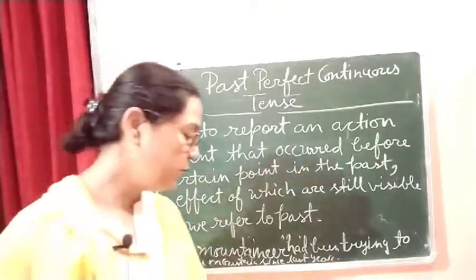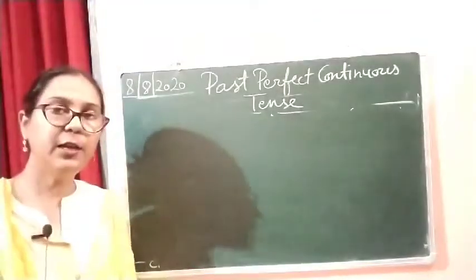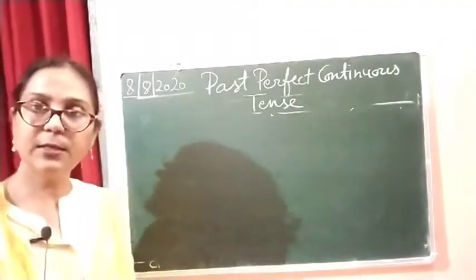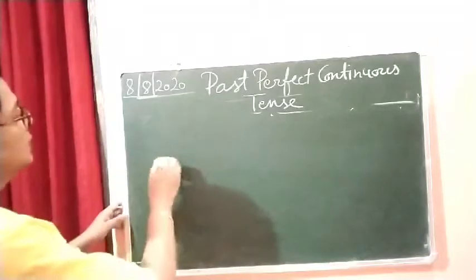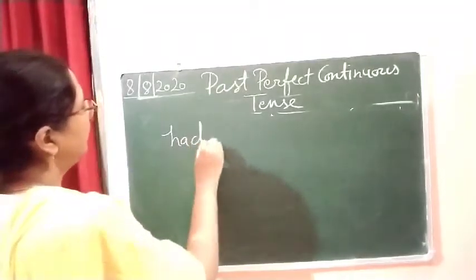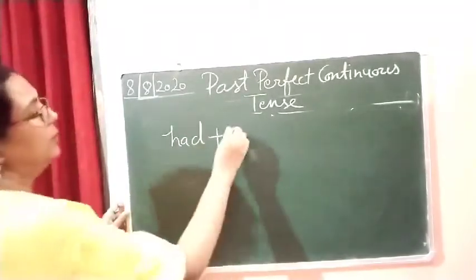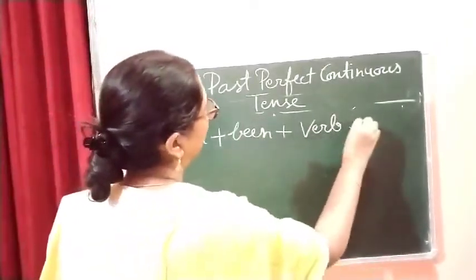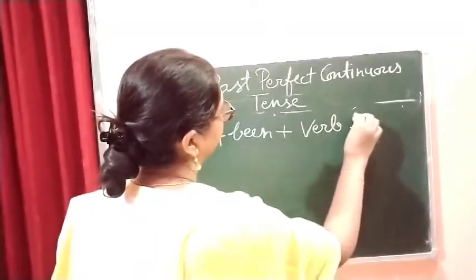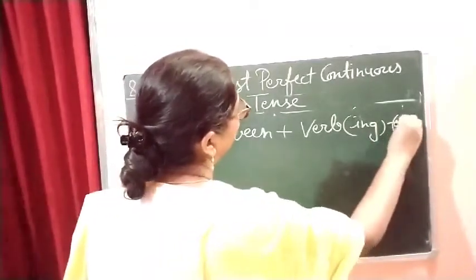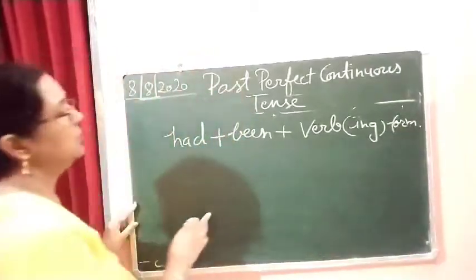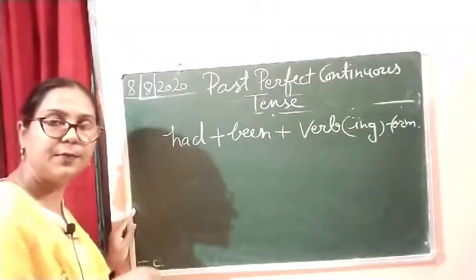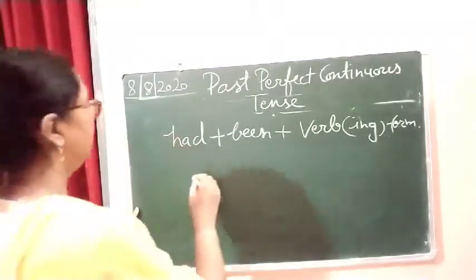Now I am going to tell you how we form a past perfect continuous tense sentence. First of all, we have to always remember: had plus been plus verb plus ing. This form will be used whenever we make past perfect continuous tense. I am giving you one example.